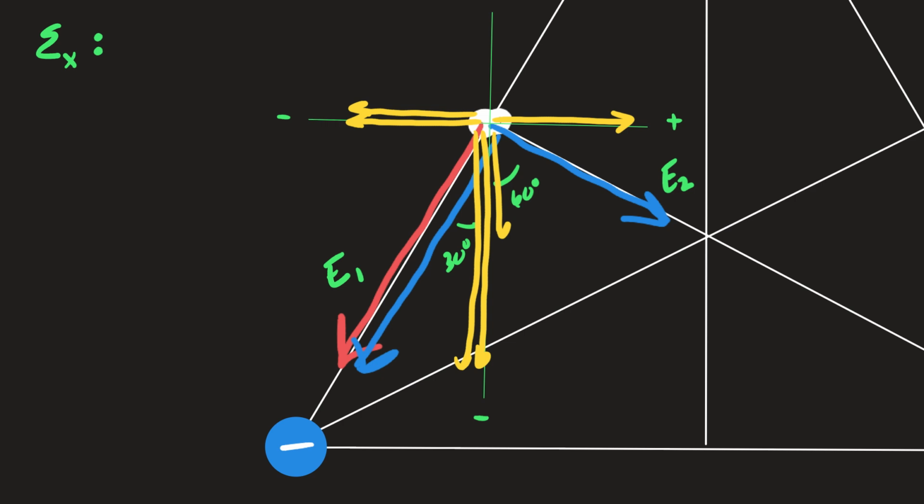I'm going to have 2 times E1 sine 30 in the negative direction, plus E2 sine 60 in the positive direction. Those represent the electric field parts that are going to be all along the x direction. Is there any question about where any of that came from?